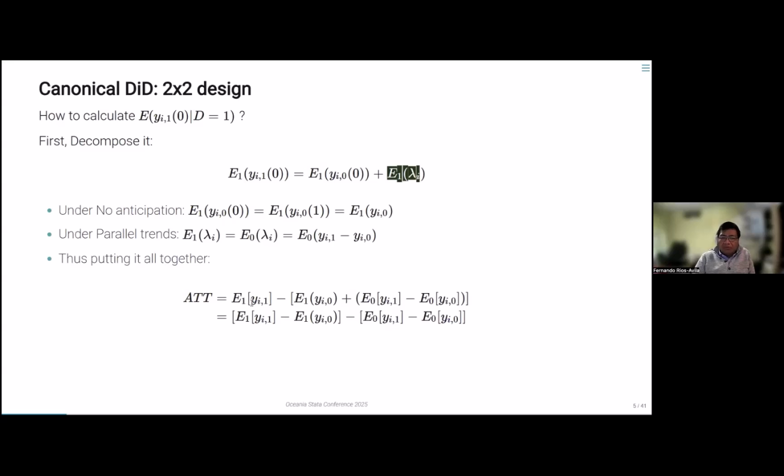So putting everything together, you get that expression that most of you probably already know quite well on how to estimate the ATT with differences, which is nothing else than comparing the post minus pre outcome for the treated group, and subtracting the same component from the control group.